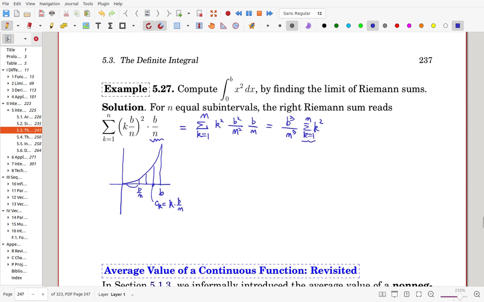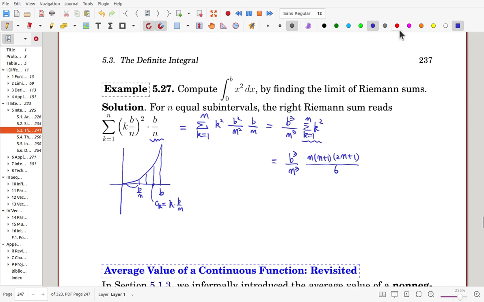We already know the formula for that, so it is b cubed over n cubed times n plus 1 times 2n plus 1 divided by 6.